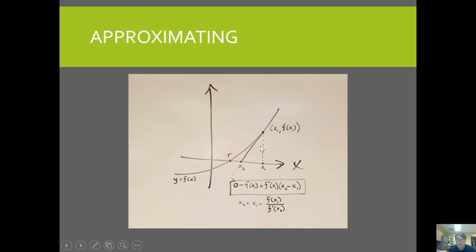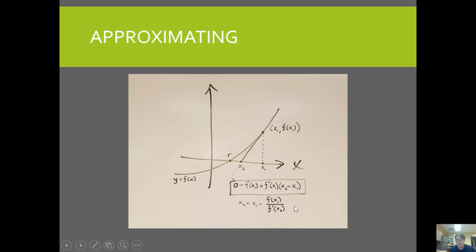And so what Newton suggested here is that we use the point-slope form to come up with the equation. So y2 is 0, because this is the one point and this is the other point. And so y2, which is 0, minus f of x1, which is the y1 up here. So y2 minus y1, 0 minus f of x1, equals the slope, which is the derivative at that point, times x2 minus x1, x1 being the x component for this point and x2 being the one there.